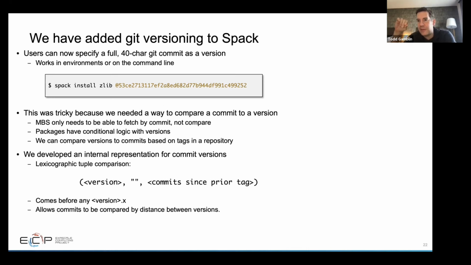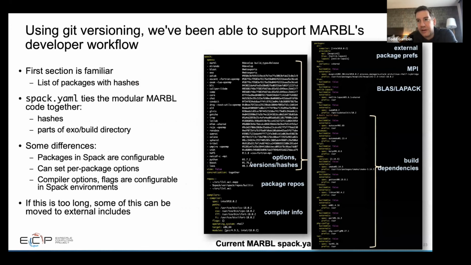That's because a Spack package might have, if I'm at this version or greater, do something different than another version. And so we had to figure out a way to convert Git versions to that so that these templated packages would work.